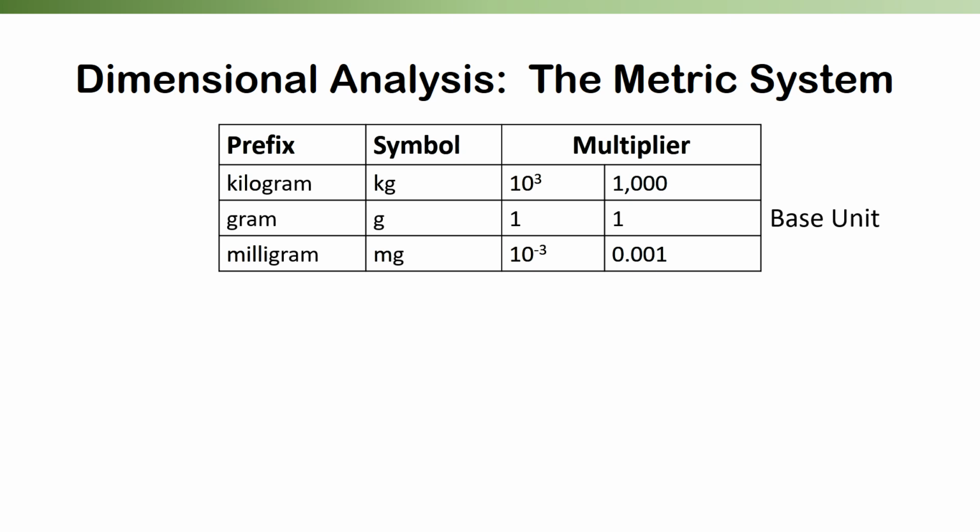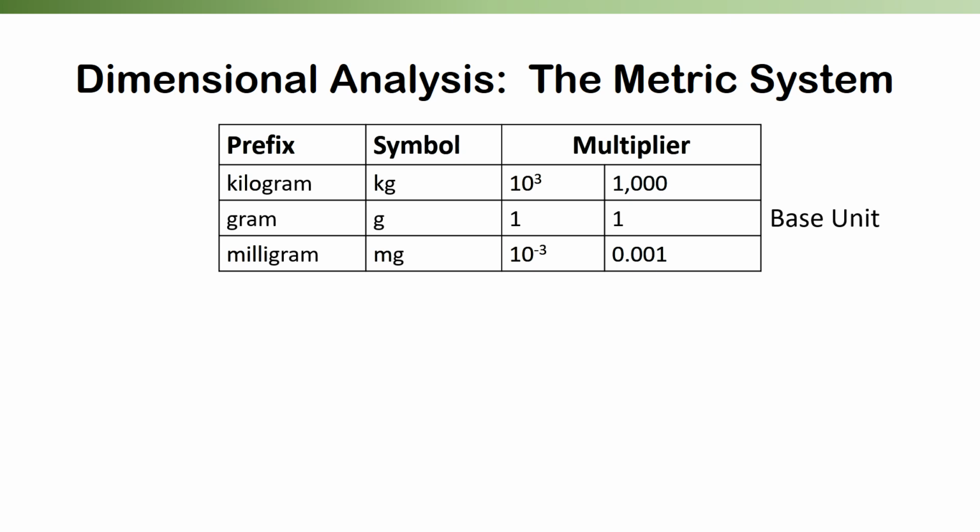So as I explained on the previous chart, where grams expresses mass, let's say in units of tens or hundreds, kilograms will express mass in units of thousands, so that 2 kilograms would be 2,000 grams.